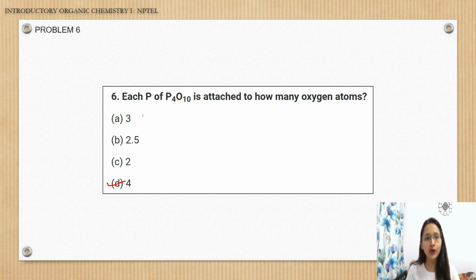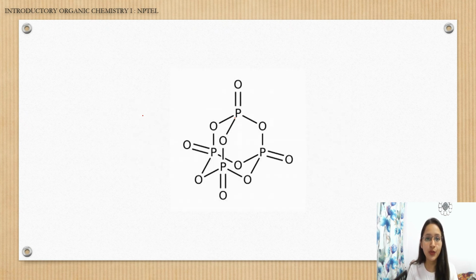Focus on the structure only, because you know the valency of phosphorus, how many bonds it can make, and you have to arrange these four phosphorus atoms according to the oxygen atom connectivity. If you don't know the structure, you know that phosphorus has this much valency and will coordinate accordingly, making five bonds, sorry.